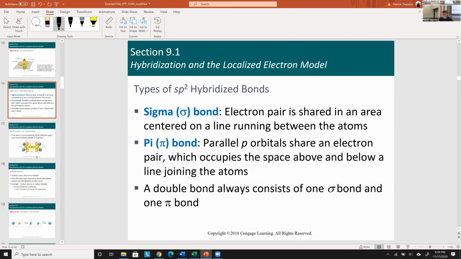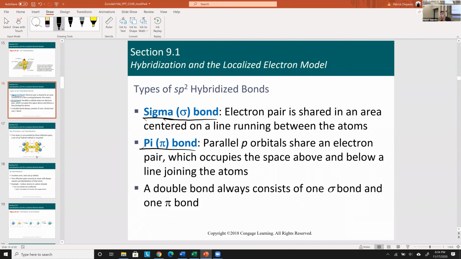We'll get to sp orbitals in a second, but a good definition. So we're going to be talking about another thing called sigma bonds and pi bonds. And this is important when we get to molecular orbitals, but basically a sigma bond is electrons that partake in the first bond. That's usually in the model, it's located in the center of the atom.